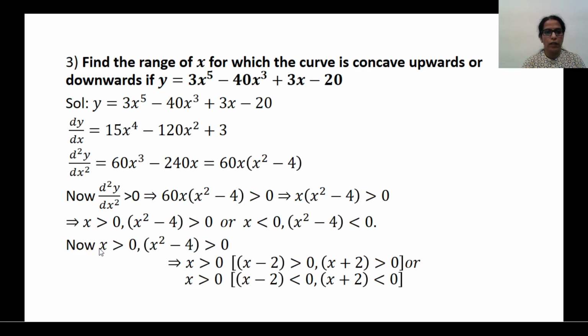Okay. Now, we will consider this result. If x greater than 0, x square minus 4 greater than 0, which implies x greater than 0. Now, simplify this one. It's a square minus b square form, a minus b into a plus b. So this is greater than 0 means x minus 2 greater than 0, x plus 2 greater than 0, or x minus 2, if this must be greater than 0, then either these two are greater than 0 or these two are less than 0.